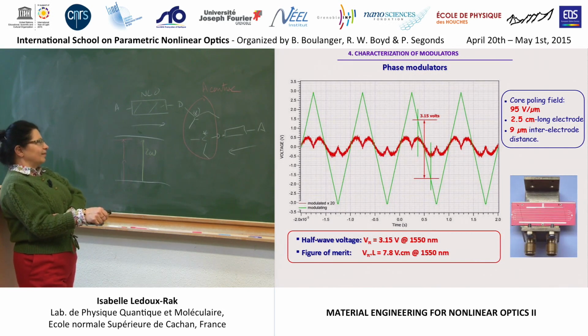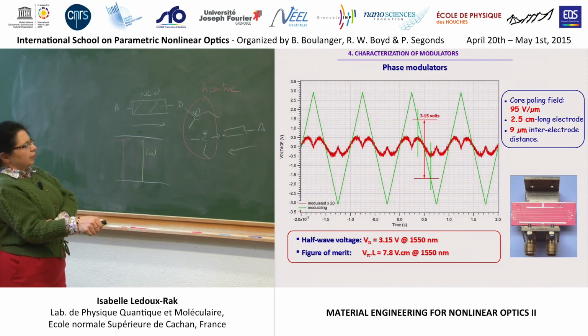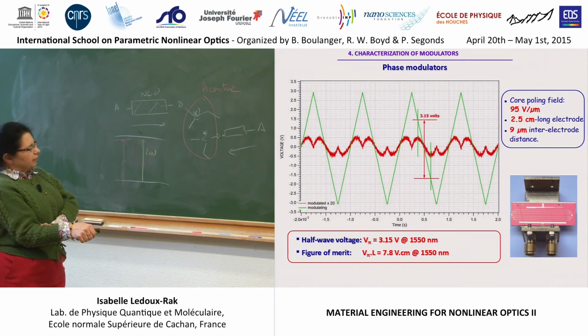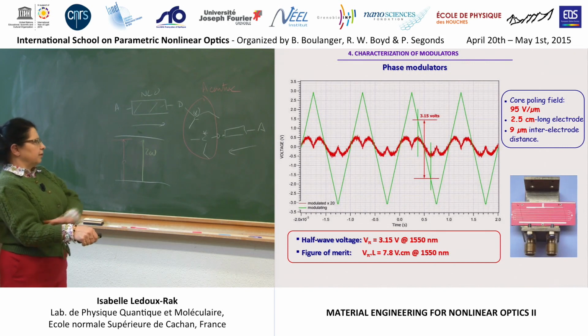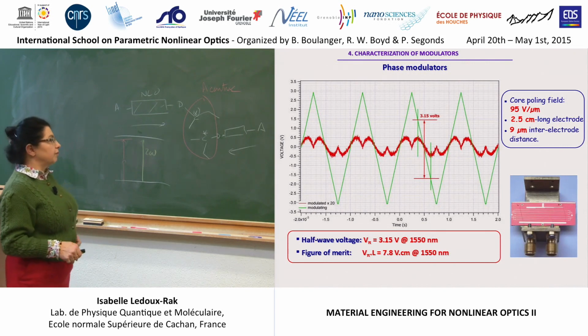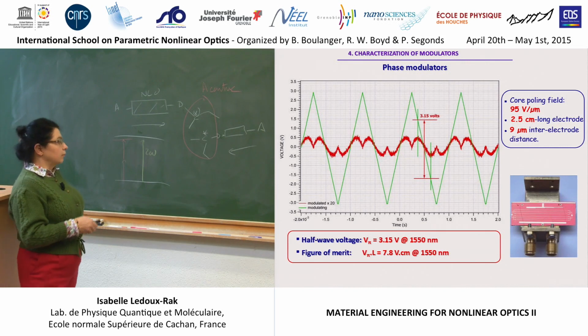In fact, this is a periodic response, but usually the detection is found slightly above the real V-pi. The poling field, you see the values, is 100 volts per micrometer, with relatively long waveguide and electrodes.